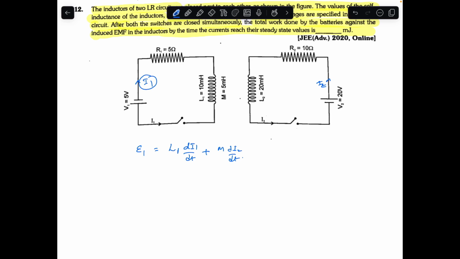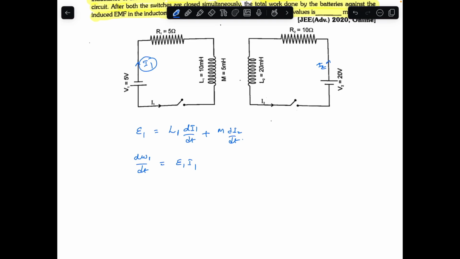Okay, induced EMF in circuit 1. What is dW by dt? dW1 by dt. Power, correct? Well done. So power is Vi. So can I write E1 into I1? Okay.